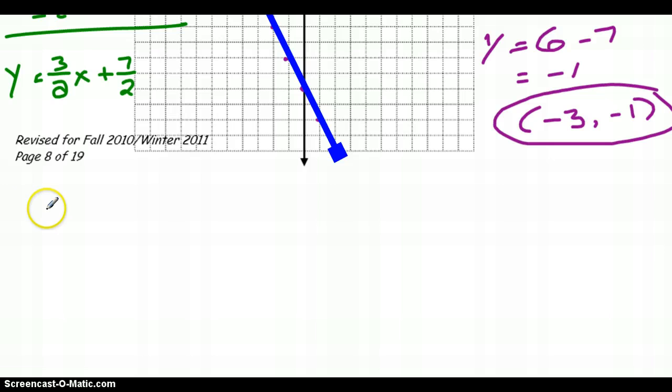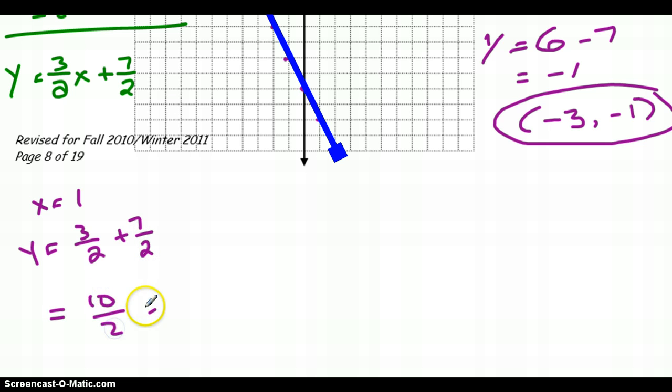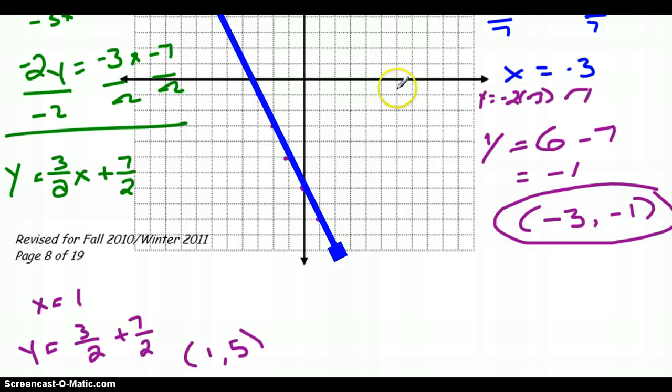If x equals 1, that would give us y equals 3 halves times 1, 3 halves, plus 7 halves. 3 plus 7 is 10, so 10 halves is 5.